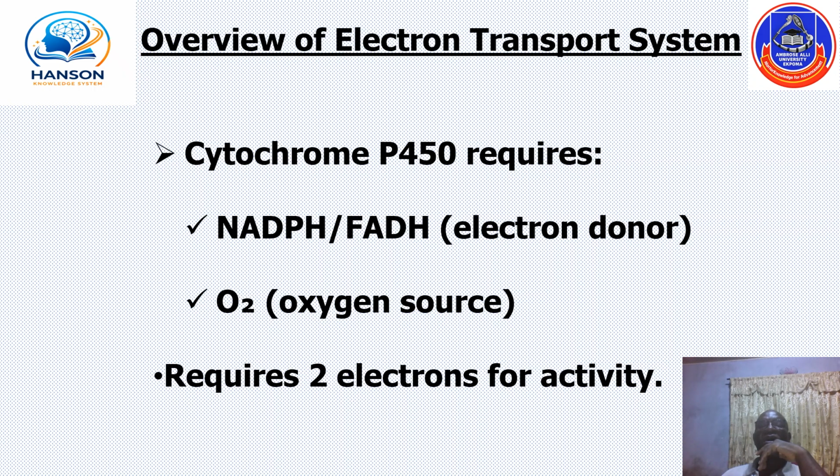Now, a look at the overview of electron transport system. The cytochrome P450 requires electron donors, an oxygen source, and requires 2 electrons for activity.